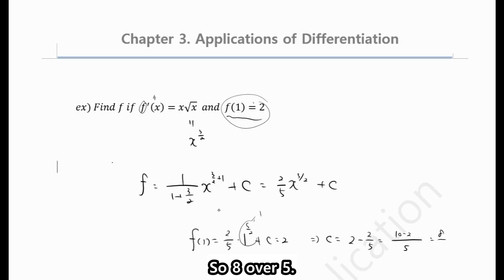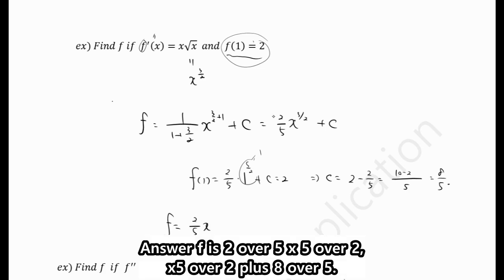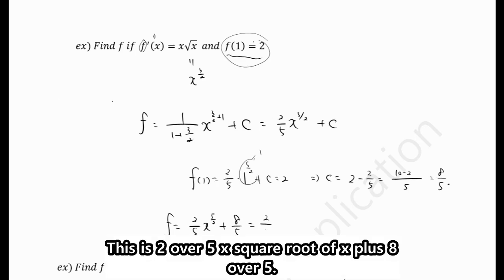So 8 over 5. The answer is f equals 2 over 5 x to the power of 5 over 2 plus 8 over 5. This is 2 over 5 x square root x plus 8 over 5.